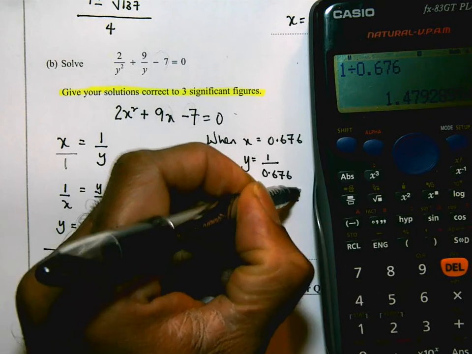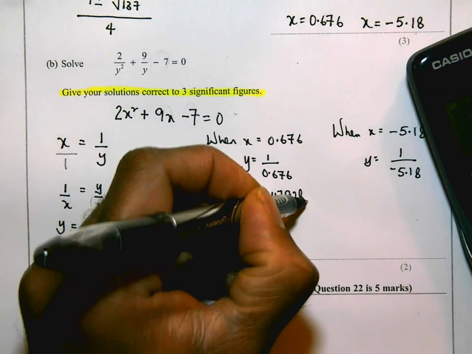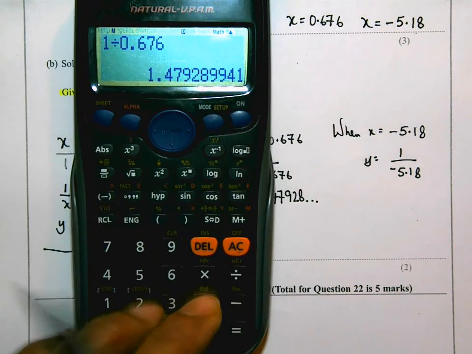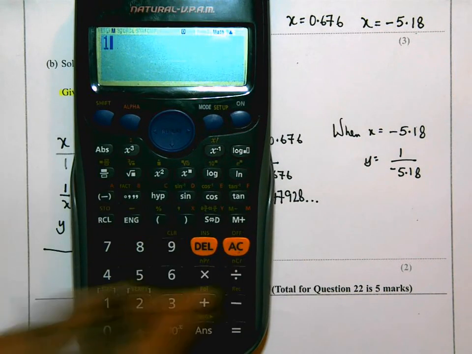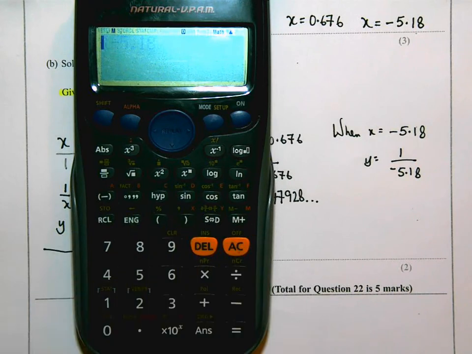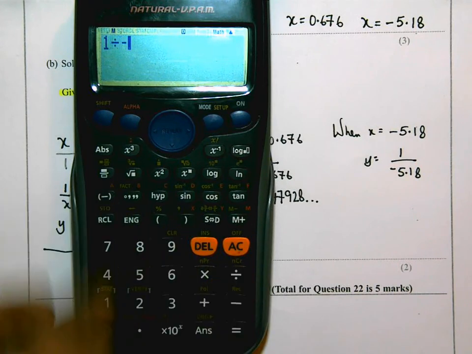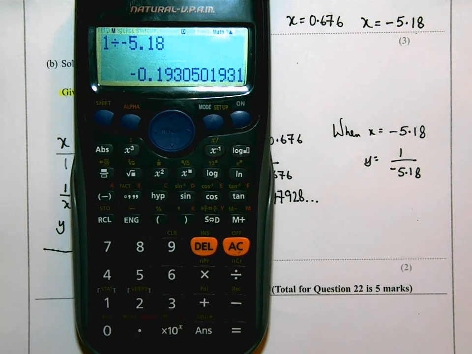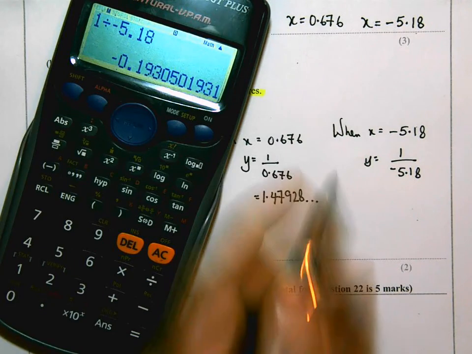And the other one was 1 divided by minus 5.18 equals minus 0.19305, and so on.